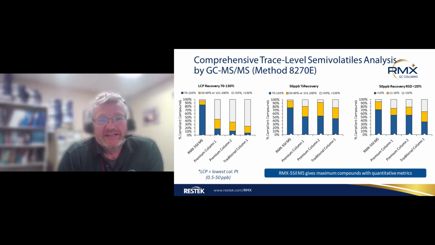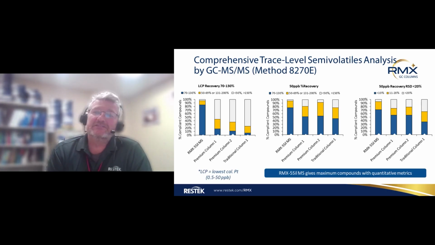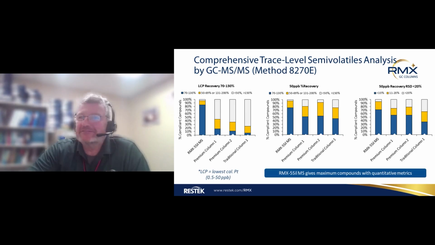In this case, we ran this low calibration point simply to show the accuracy and the linearity of the curve. If your curve is not linear, you're not going to get good recoveries down at the low end. And that's exactly what we see with other columns. And again, we're north of 80% of these compounds within 70 to 130, which is an acceptable range for a low calibration point.